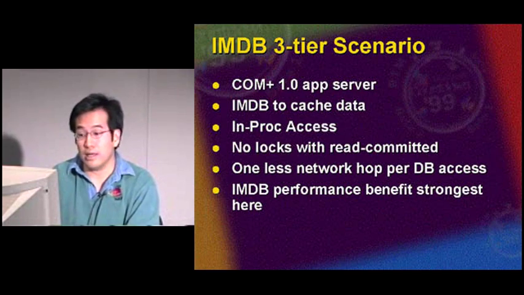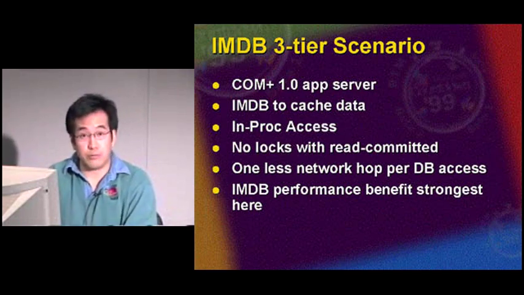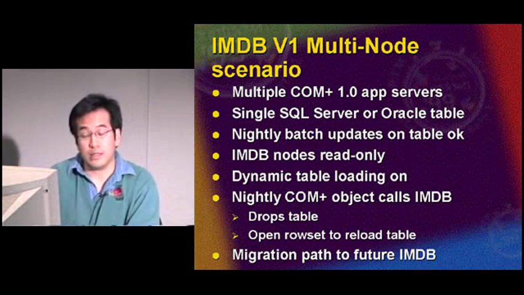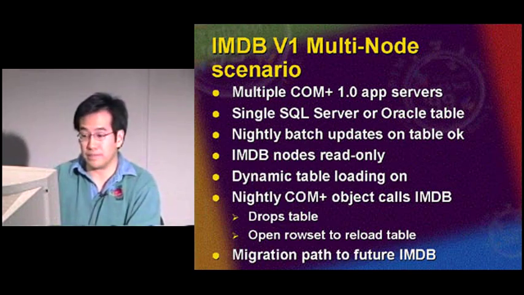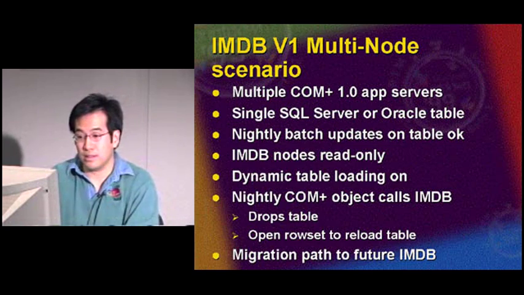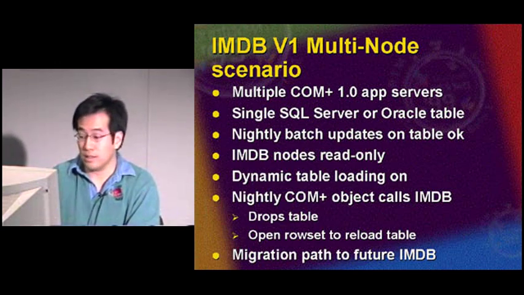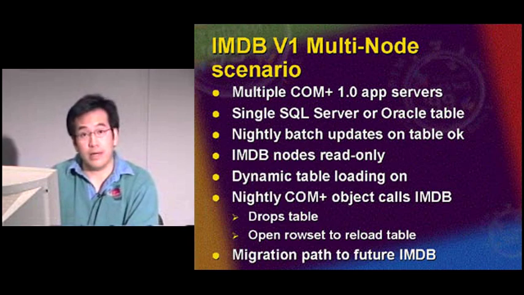In addition, at the read committed level, IMDb does not need to provide any locking on that data due to the architecture of IMDb. When a COM+ 1.0 component can retrieve information from IMDb versus having to go to the database, the network activity is reduced by one network hop.